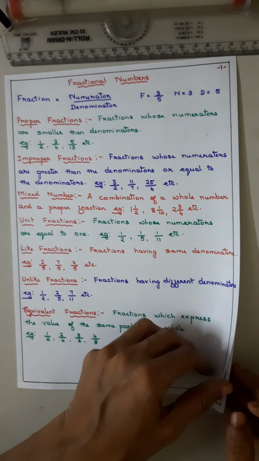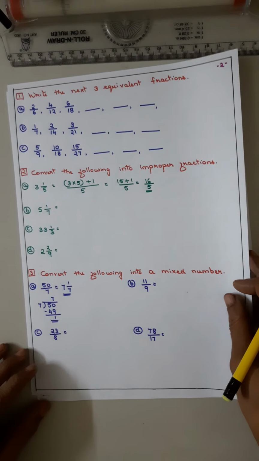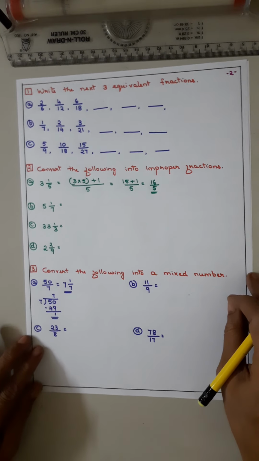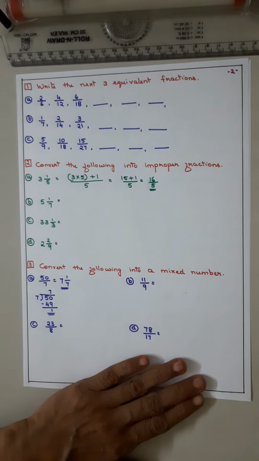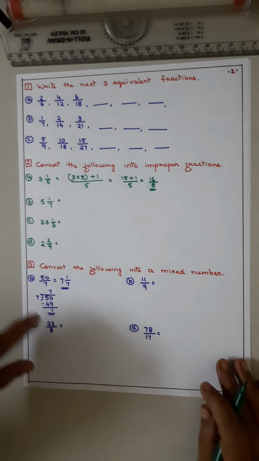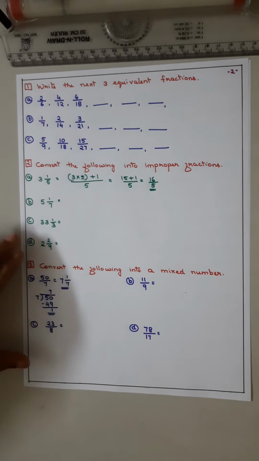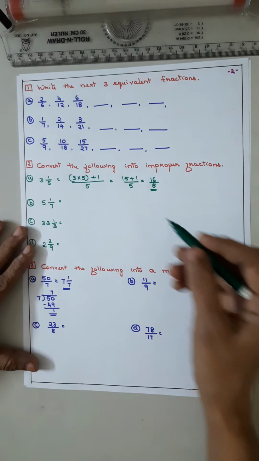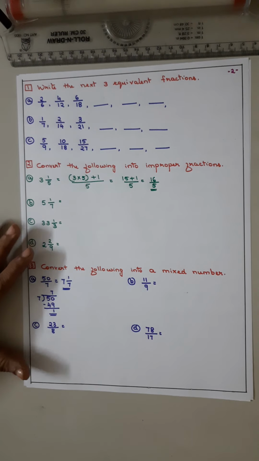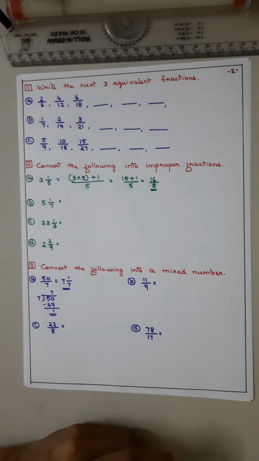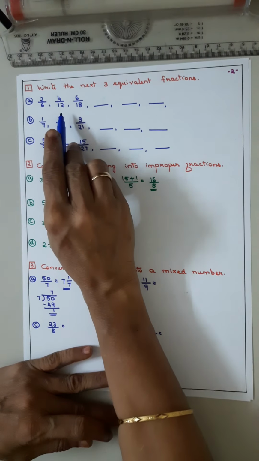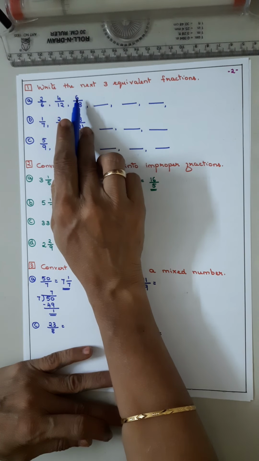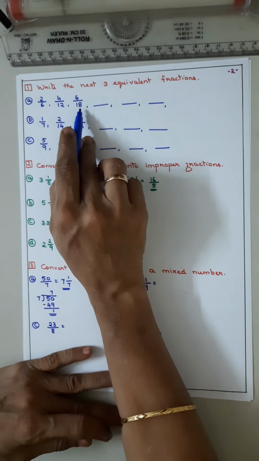Now coming to the introduction: write the next 3 equivalent fractions. You have already learnt this last year, this is a revision. So write the next 3 equivalent fractions. 2 by 6, what happens? 2, next number, look: 2 2s are 4, denominator 6 2s are 12, 2 3s are 6, 6 3s are 18.